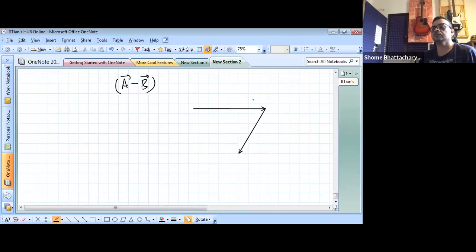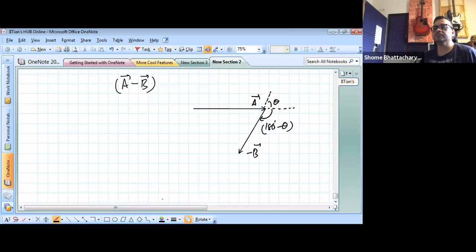So this is A, and this is the vector minus B, such that this angle here is 180 minus theta, because the angle between A and B, in this direction, was theta.